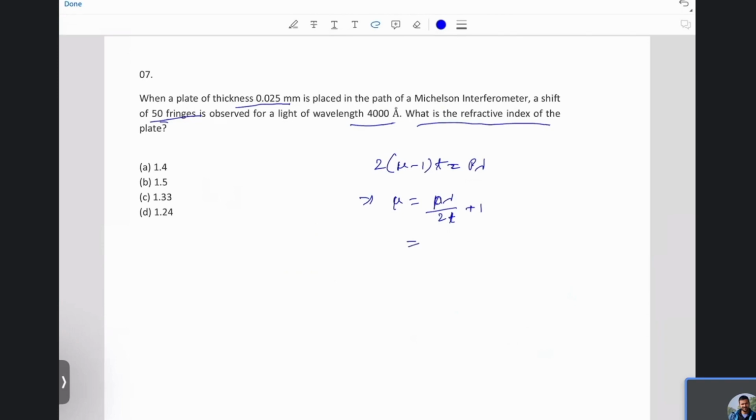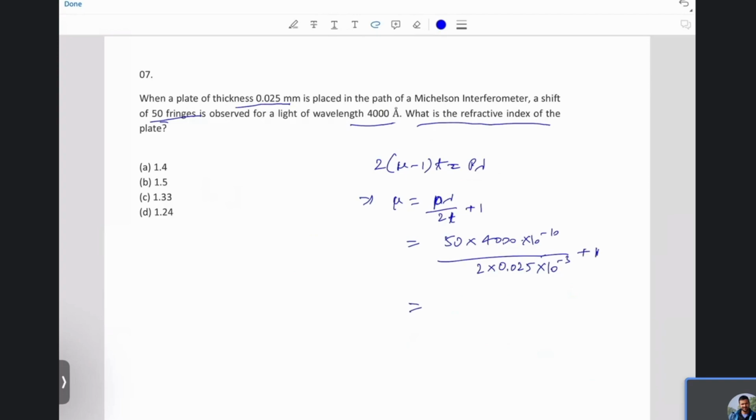P is 50, lambda is 4000 angstrom, that is 4000 times 10 to the power minus 10 meters, and 2 into t is 0.025 mm, that is 10 to the power minus 3 meters, and plus 1.